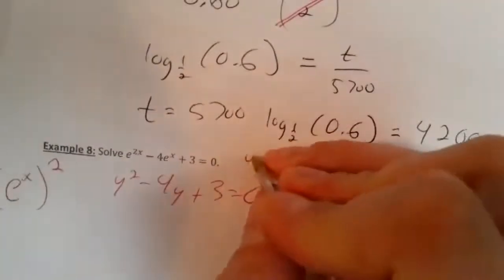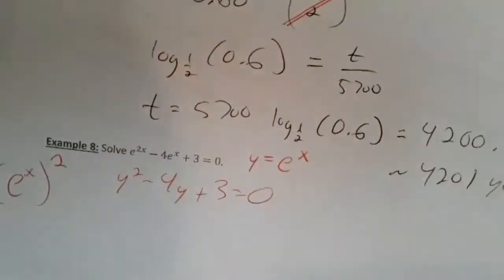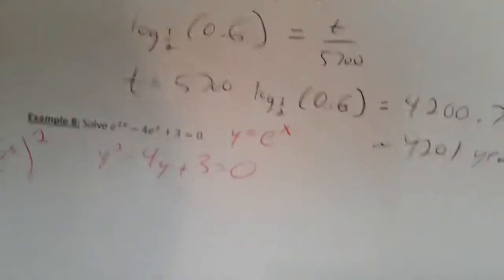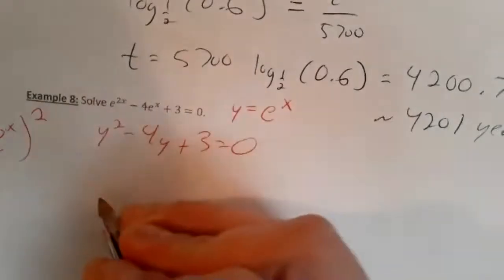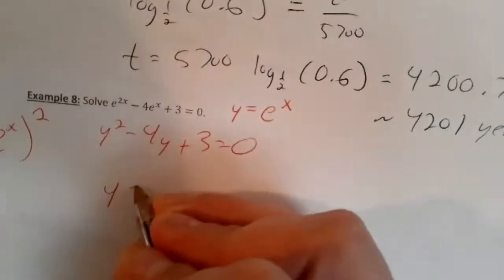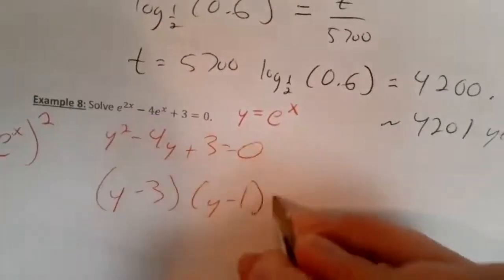and let me just write my substitution up here. I substituted y for everywhere I saw an e to the x. I think it might be easier to solve it with the substitution. This looks like y squared minus 4y plus 3. This looks like y minus 3 times y minus 1, I believe, is what this factors into.